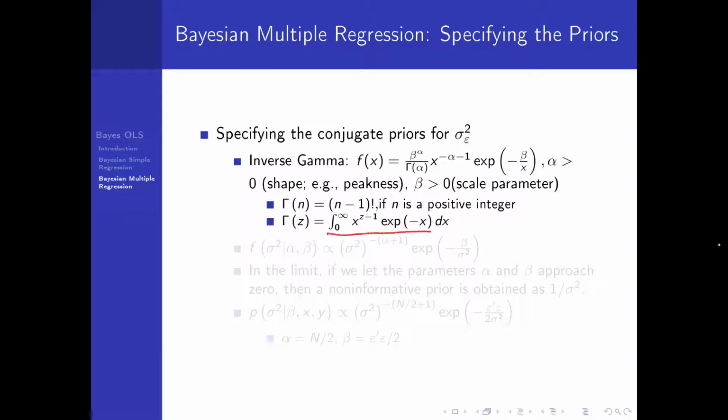integrating from 0 to positive infinity of x raised to the power of z minus 1 multiplied by the exponential of negative x.